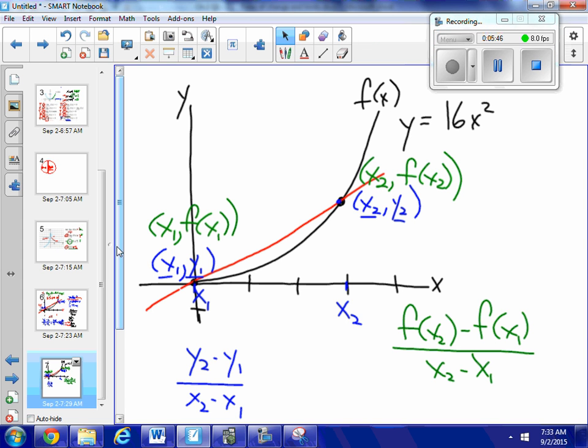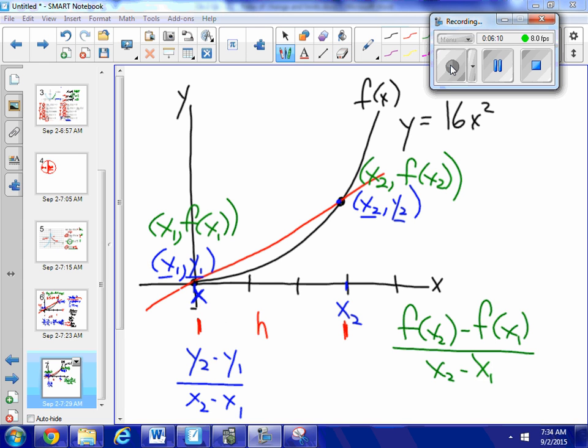Well, I'm going to go a little bit further. I am going to call the distance between x sub 1 and x sub 2 the distance h. So you can see it's just a number line. I'm going to say this is no longer x sub 1. This is just plain old ordinary x.